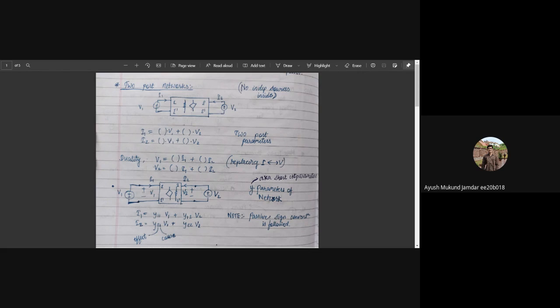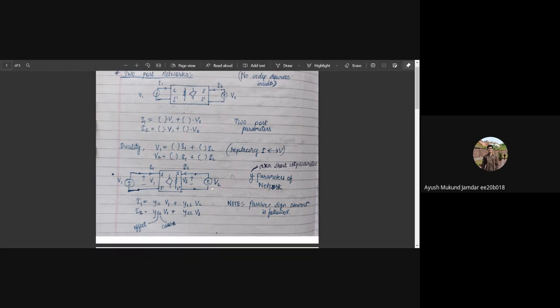We'll see soon. And from duality, if we simplify or solve the two expressions again, we'll have V1 and V2 as expressions of I1 and I2. So we denote the two-port parameters by Z, Y, G, and H. When I1 is expressed as a sum of V1 and V2, we use the Y parameters.